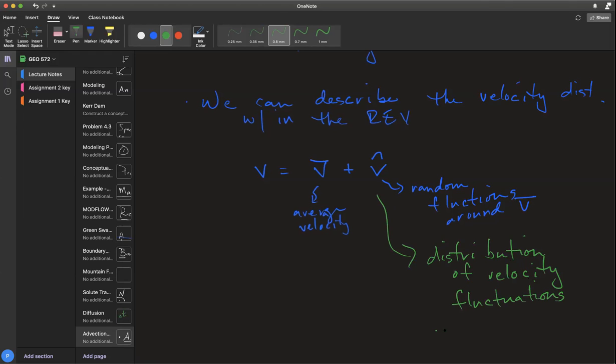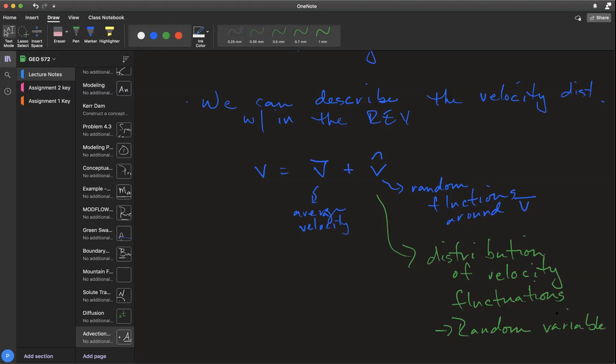And we're going to say that we will never know what those all are, so we're going to treat them as a random variable that follows some statistical distribution. It's a random variable. Okay.